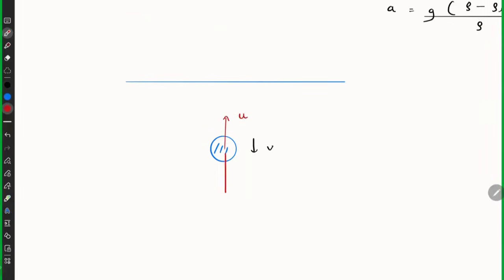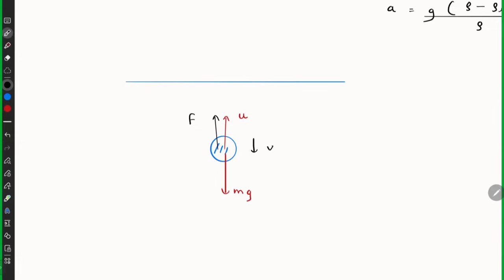Weight is mg downwards. Now there's an additional force acting upwards, opposing your movement. What's that additional force? The viscous force, right? The viscous force opposes your movement.